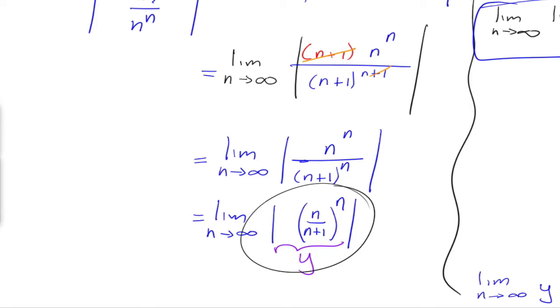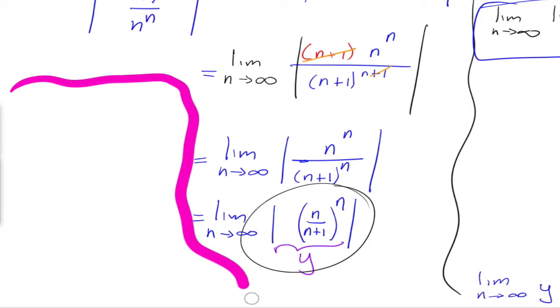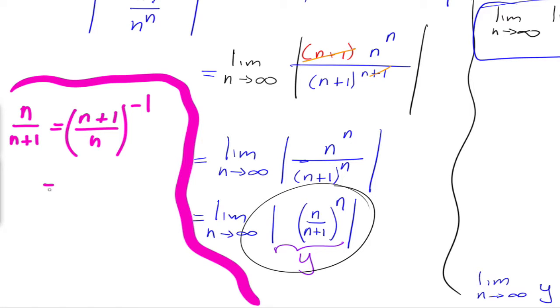This right here, let's make a little side box here. n over n plus 1 is equal to n plus 1 over n to the negative 1, right? And this is equal to 1 plus 1 over n to the negative 1, right?